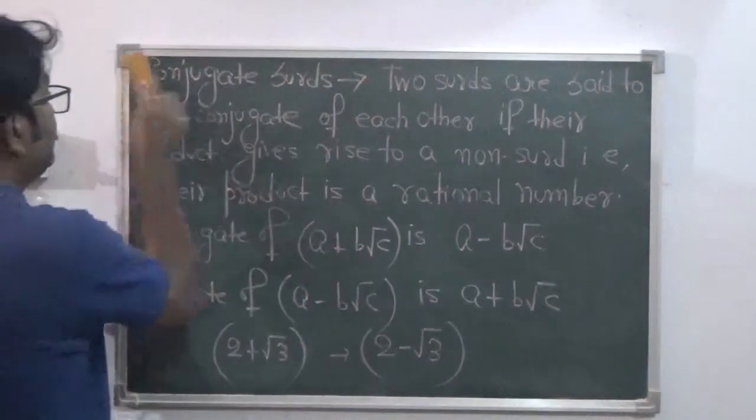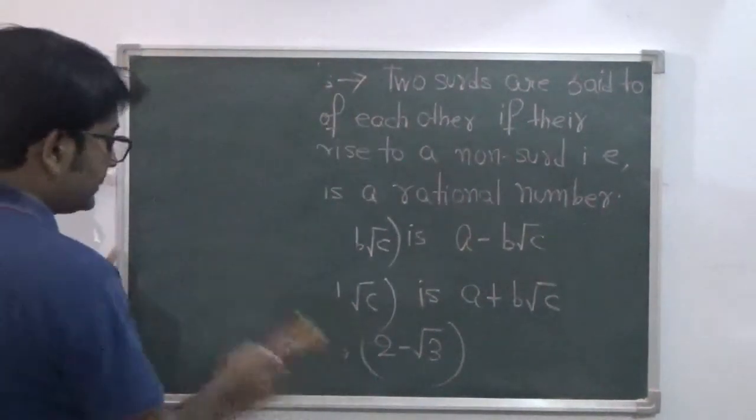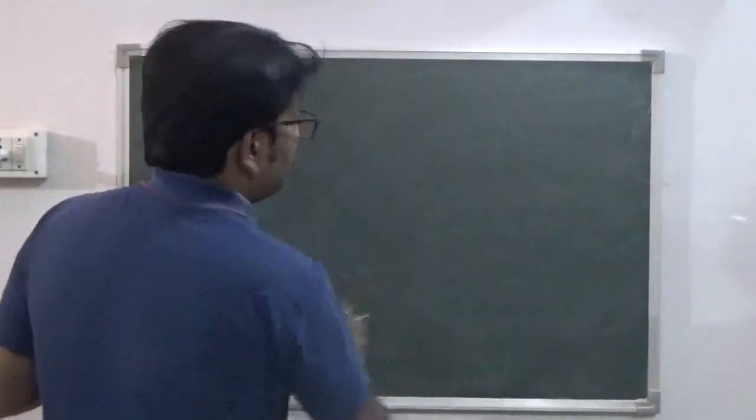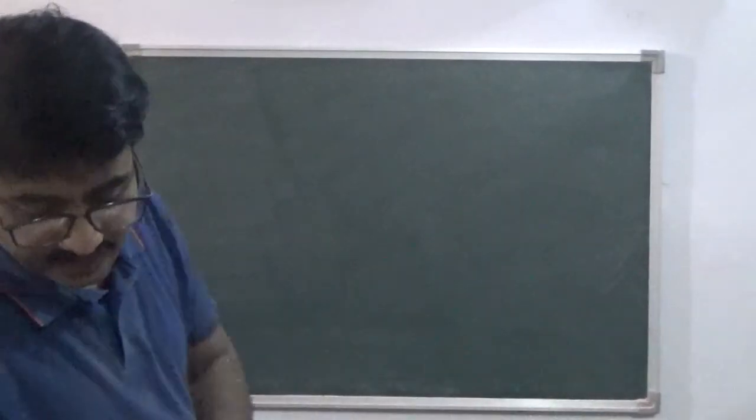So now that we know what conjugate surds are, we will discuss what is called rationalization.